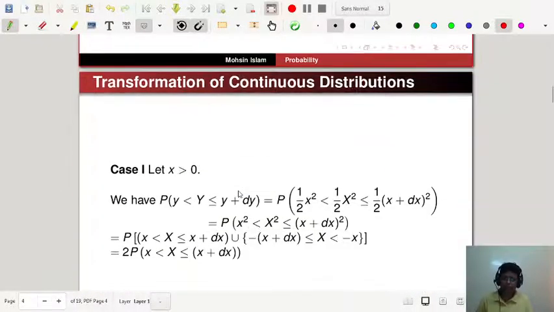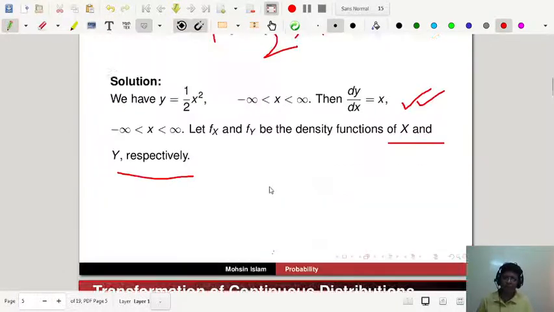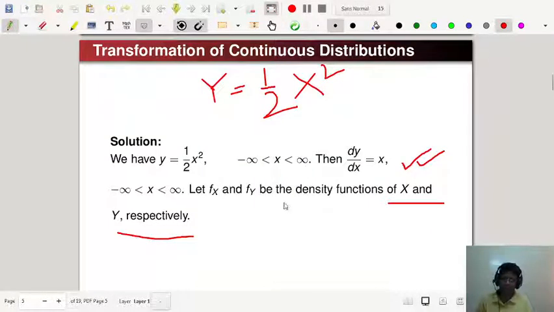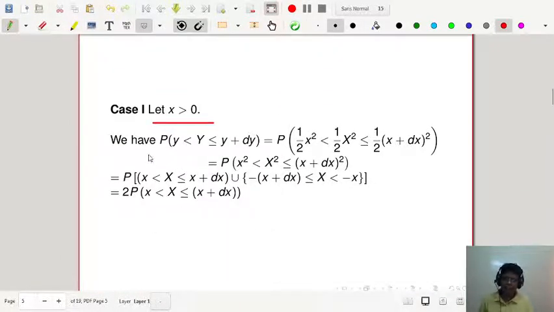Now suppose x is greater than 0. Because your interval is minus infinity to infinity, let us take two cases. First case, let x be positive. So we have the probability of y less than capital Y less than or equal to y plus dy.